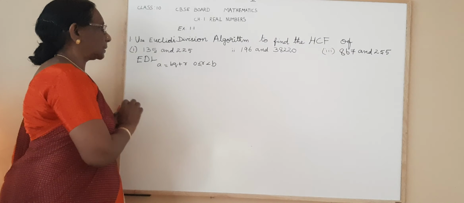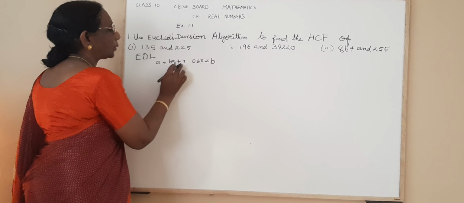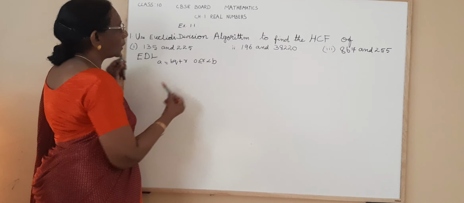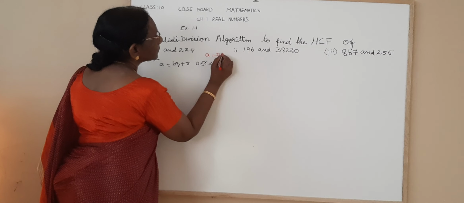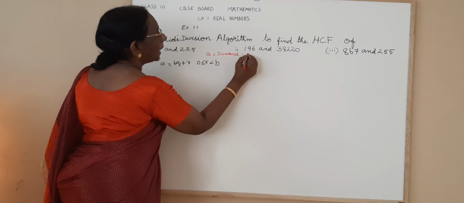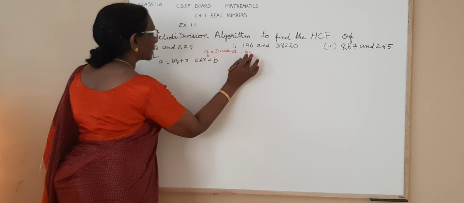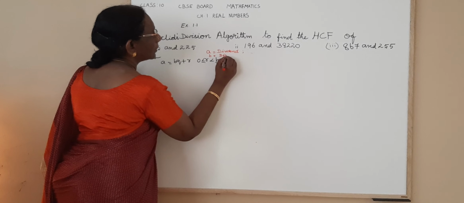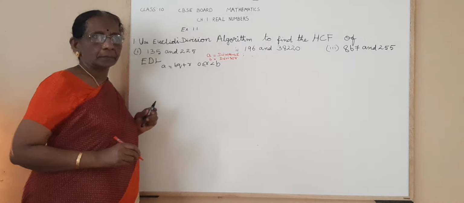So now the first step. What is a is equal to bq plus r? All of you know a is the dividend and b is the divisor.